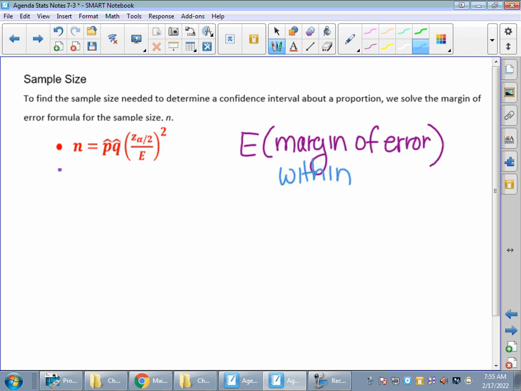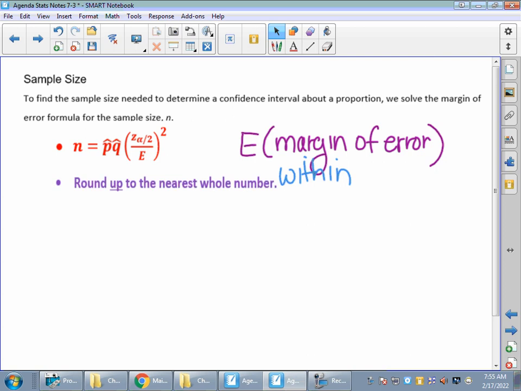So be on the lookout for that. And what else do I have to do? I need to always round up to the next nearest whole number. Remember, golden rule of this is always go up. So let's do one quick finding sample size example, and then I promise I'll quit talking.